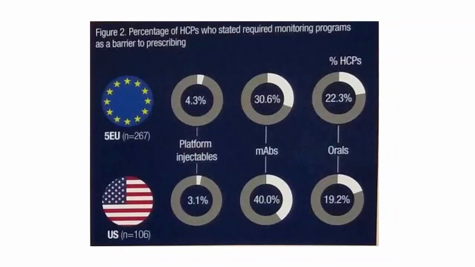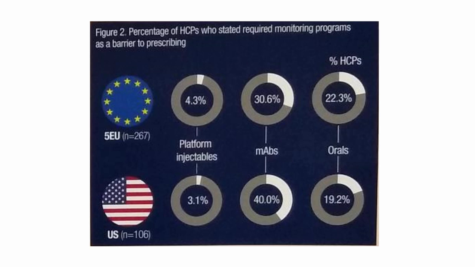There was a poster about how much monitoring you have to do, and how that influences what you do. If we go back to our old platform injectables, they were not very labor intensive, whereas the newer treatments are definitely labor intensive, which affects the way we do everything.